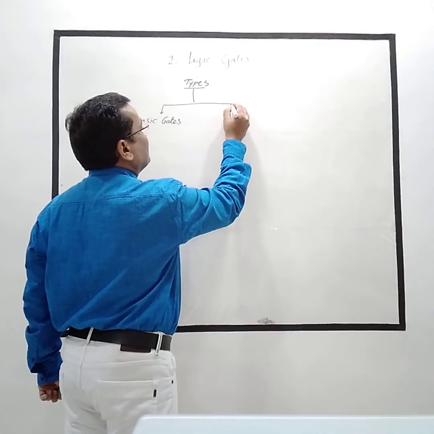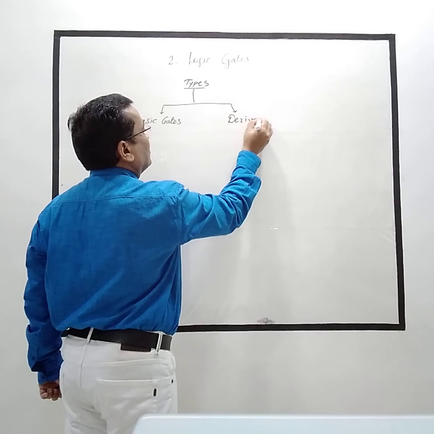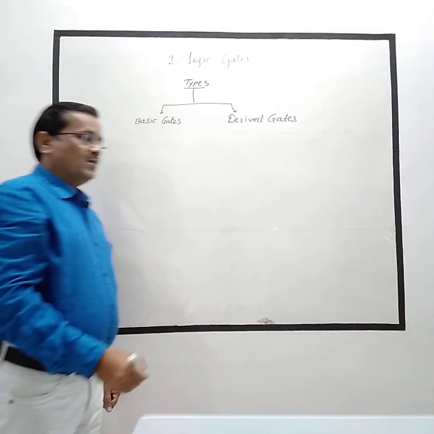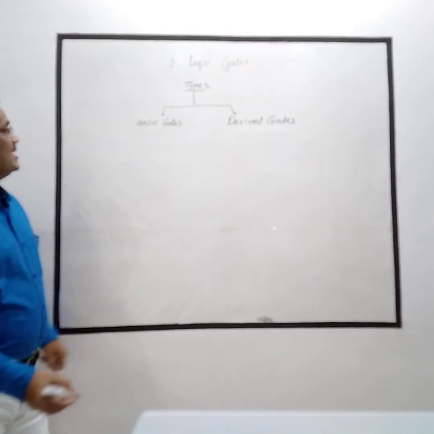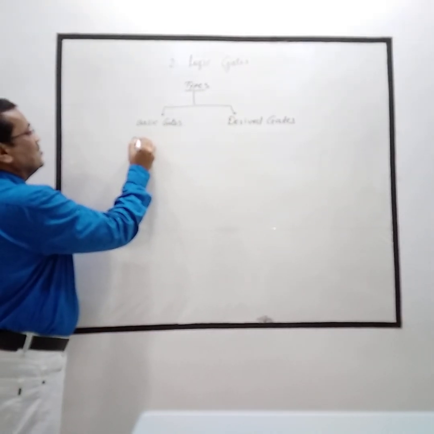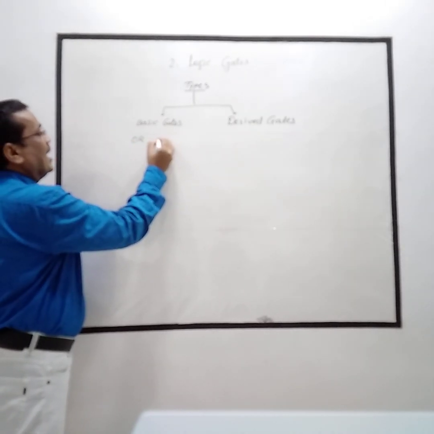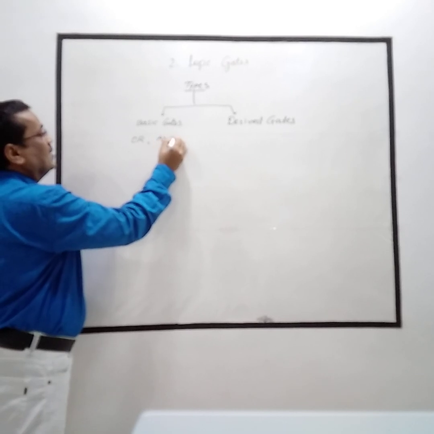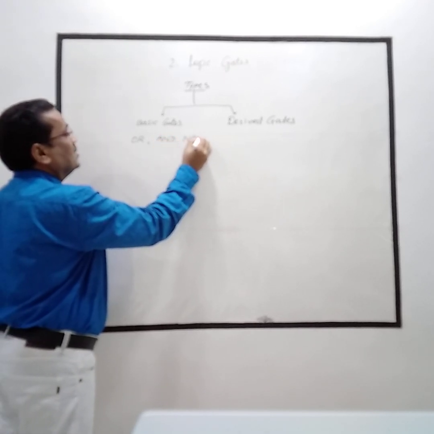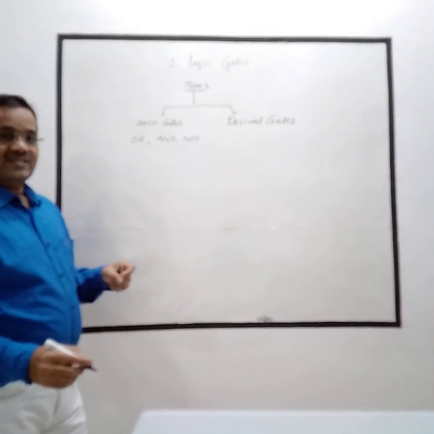And second type, derived gates. So what are the basic gates? There are certain types of basic gates, in which first is an OR gate, second is an AND gate, next is a NOT gate. These three types of gates are called basic gates.